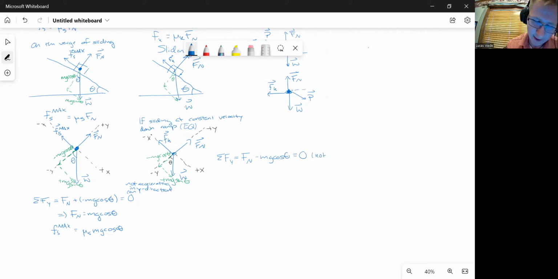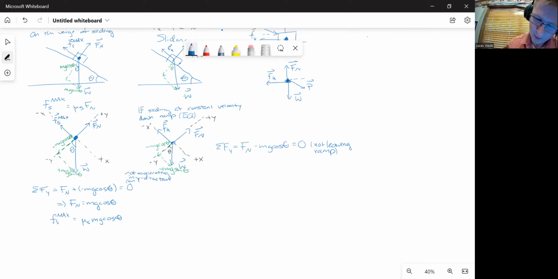So not accelerating in the y direction because it's not leaving the ramp. Okay, and so again, the magnitude of the normal force is mg cosine theta.